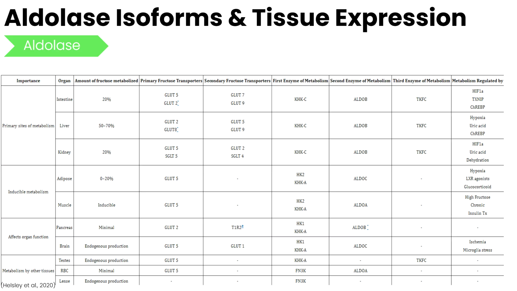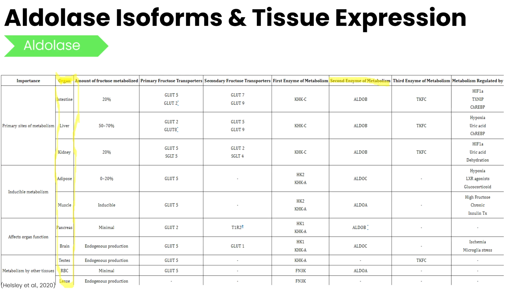Okay, so we're going to start here with our organ column. We're going to look at all of our organs down in this area. This column is going to tell us which tissues are being compared within the study. Now we're going to highlight another column, and it's called the second enzyme of metabolism.